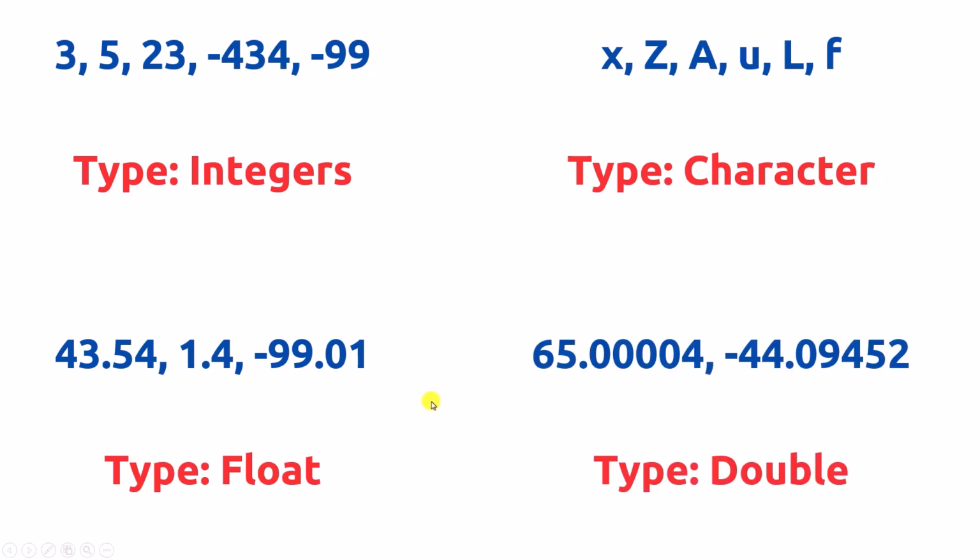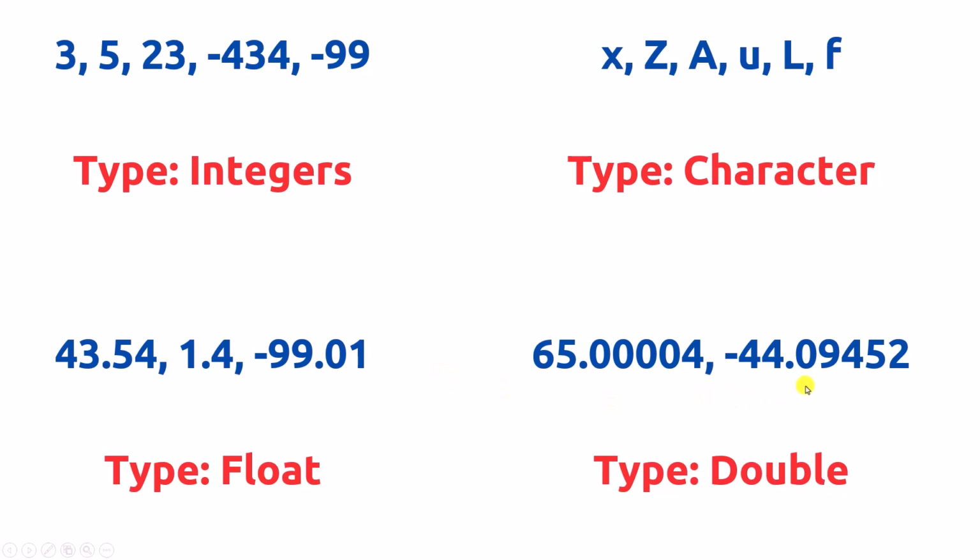Next is double data type. Basically, double data type is floating point itself, but much more accurate. So here you can see 65.00004, minus 44.09452 and so on, correct? In floating points, generally we can have numbers with 6 to 7 decimal values.